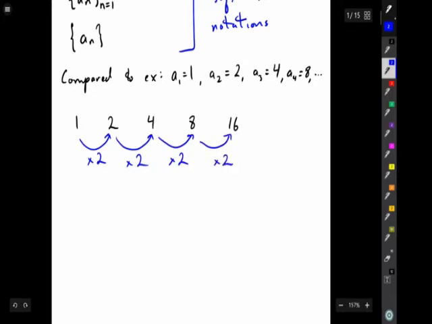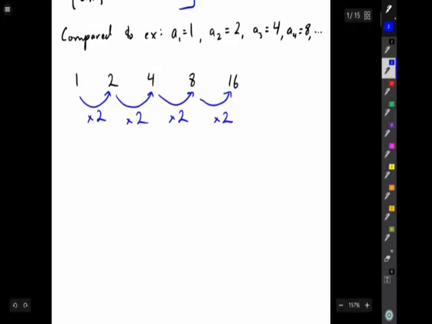So how do we write this down mathematically? Well, if I have the previous term a_n, let's say that's the term I'm at right now, and I want the next term, a_(n+1), what I have to do is take the one I'm at right now and multiply it by 2.